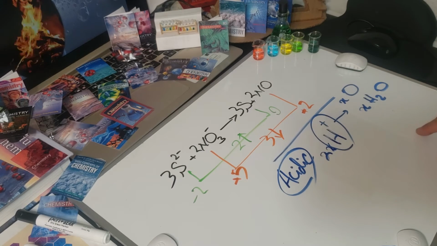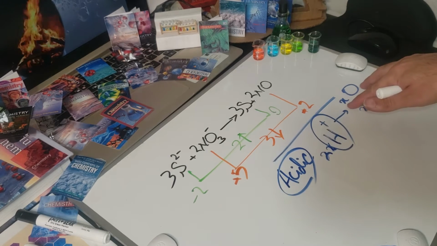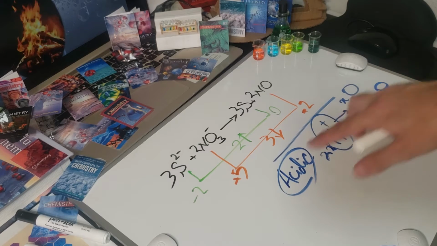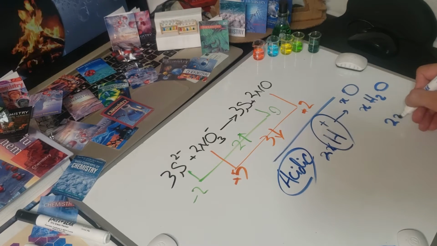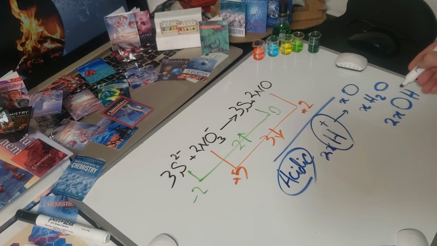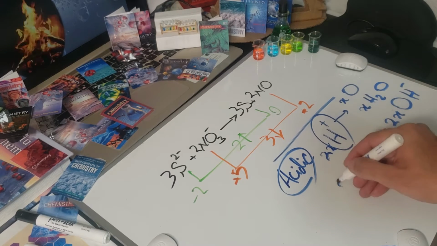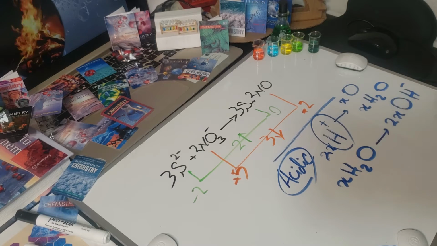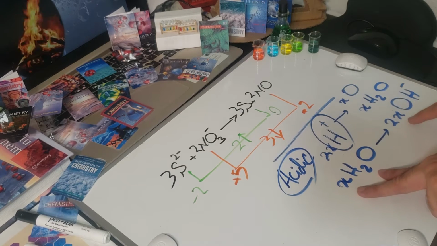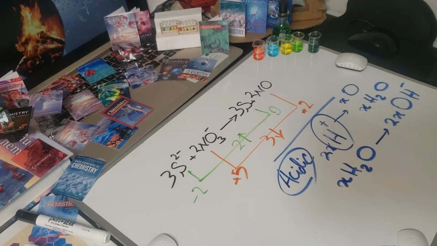Also, if you want to do the same reaction, which needs X oxygens on the product side, in the basic media, you add double the amount, 2X of OH minuses, and to compensate for the hydrogens, you just add X of H2Os to the opposing side. That would compensate for the amount of hydrogens.